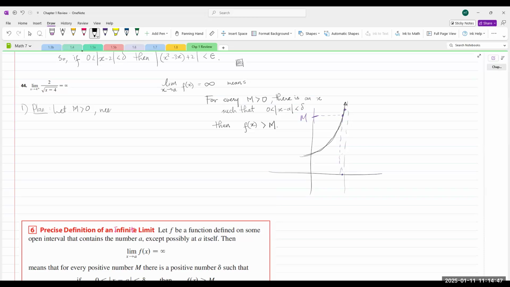We need to find the delta in terms of that M such that as long as x minus 4 is less than delta, as long as x is close enough to 4, then f(x) is greater than M. So f(x) here will be 2 over square root of x minus 4 greater than M.